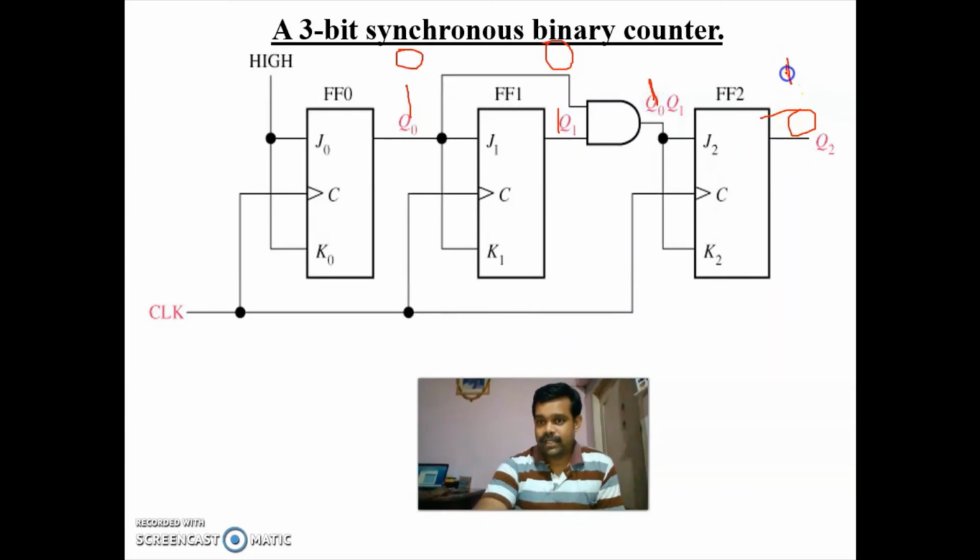So the 0 will change to 1. So that is 4. Next, this 0 will change to 1. At that time here you are having 0, so this will not change. At that time the input to this AND gate is 0 0, so it is 0. So this output will not change. So that is 5. So it will function like this.